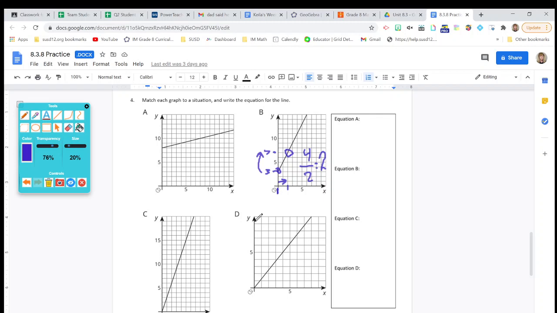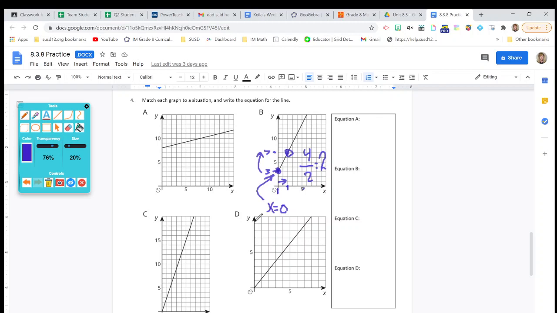So for number 4, the situation is graph B. It looks like there is a starting cost for this muffin delivery. The starting cost is $3. I can see that because when X equals 0 muffins ordered, Y already costs $3. If you order 2 muffins, then it's going to be $8. Oh, I'm sorry, $7.